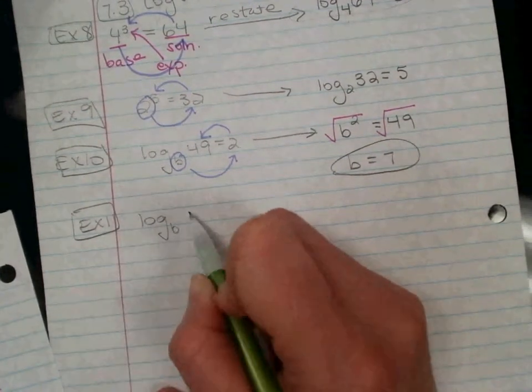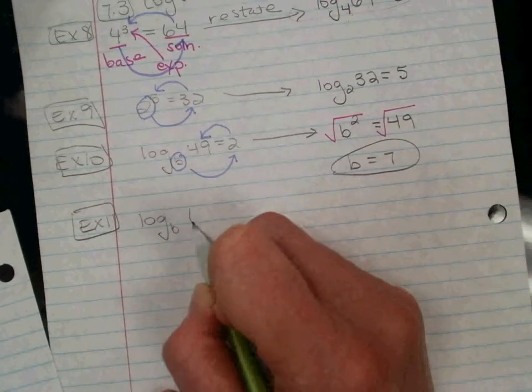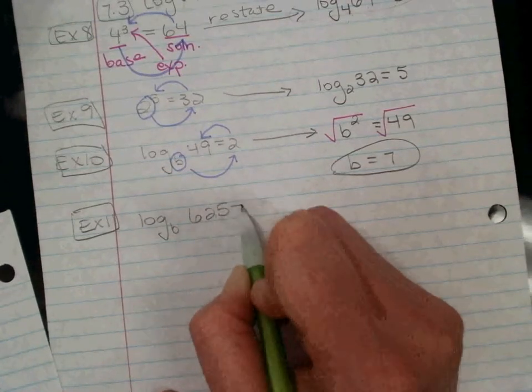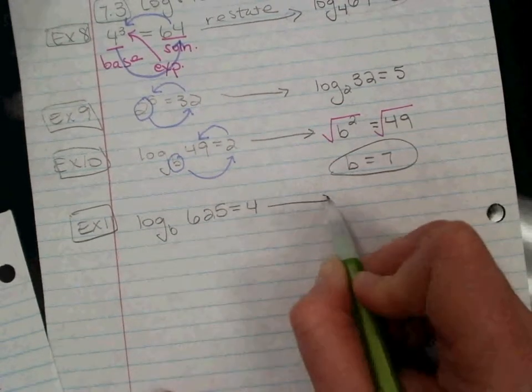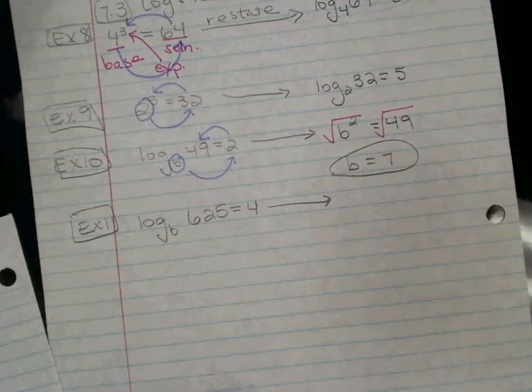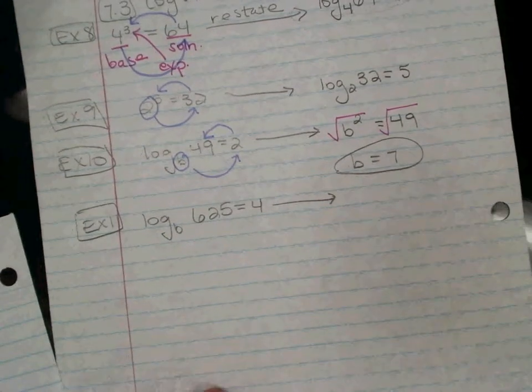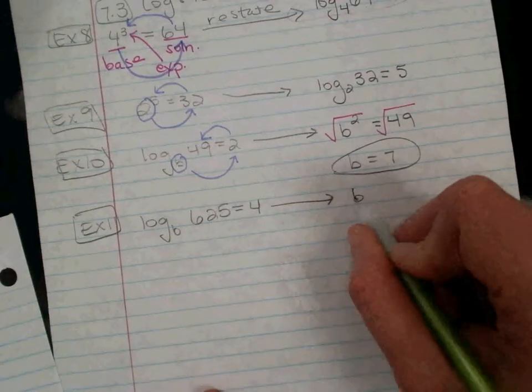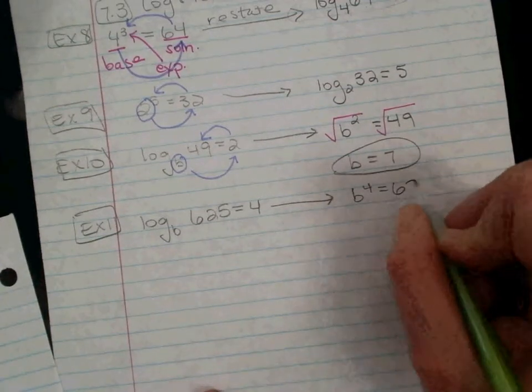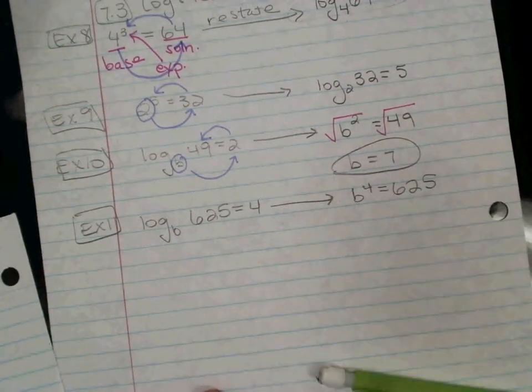Last one. Log base b of 625 equals 4. Who can translate that for me? Aaron? b to the 4th power equals 625. Yes. Thank you.